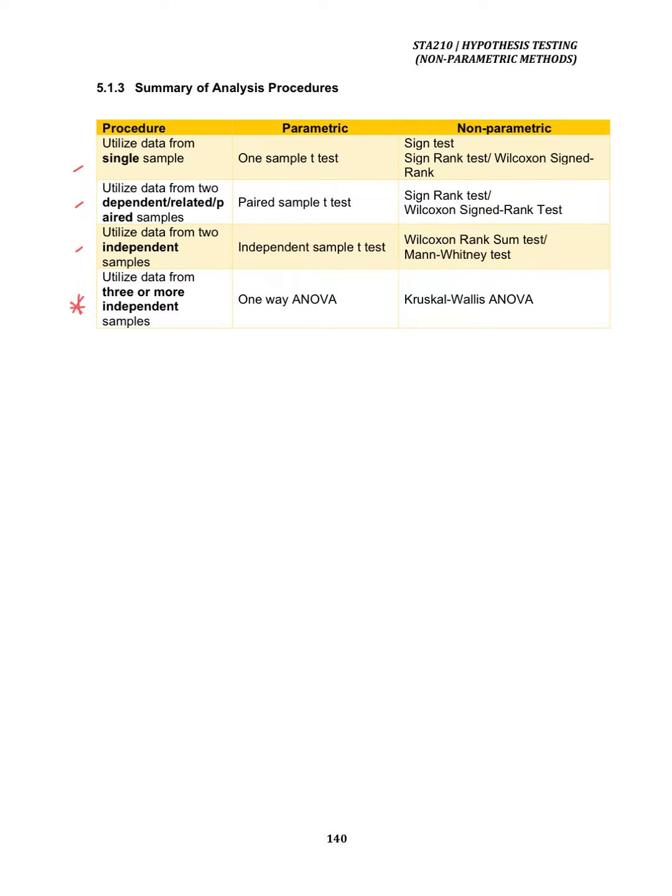The last one, I'll just mention it. When we have three or more independent samples under the parametric method, we will apply one-way ANOVA. But under the non-parametric method, the test is called Kruskal-Wallis ANOVA.